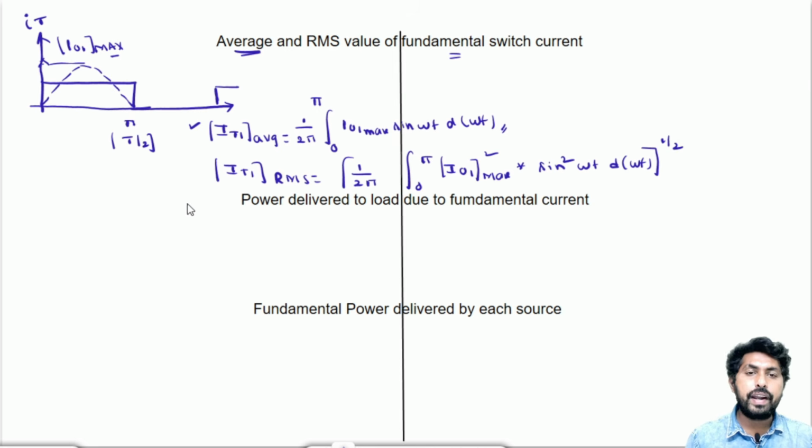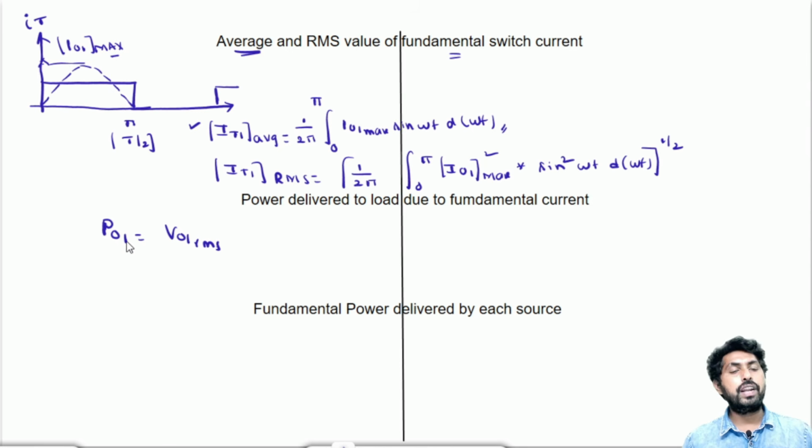Next we will find the power delivered to the load due to the fundamental current. This is as simple as P01. So P01 equals V01 RMS into I01 RMS, that is the fundamental RMS current, into cos phi 1. In this case cos phi 1 equals 1 because phi 1 equals 0.